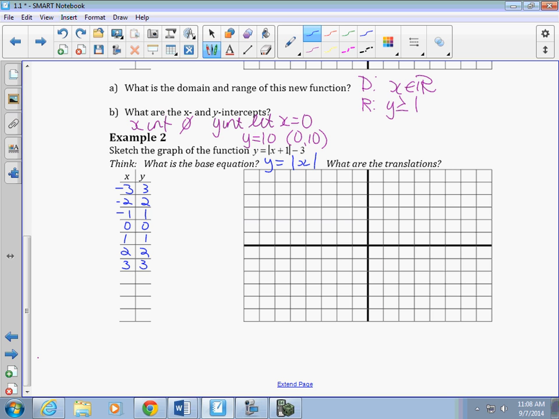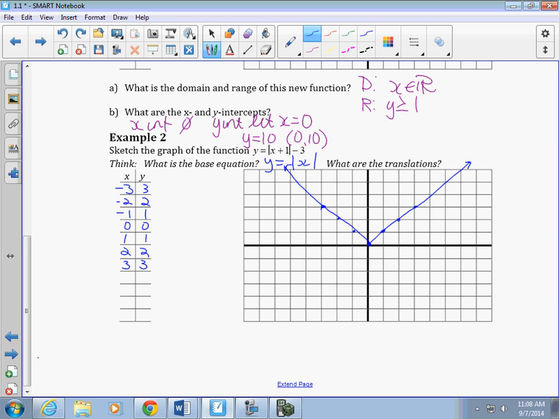So my base function is going to be a nice straight line going like that, and then one going, that's a bad one, but you get the idea.